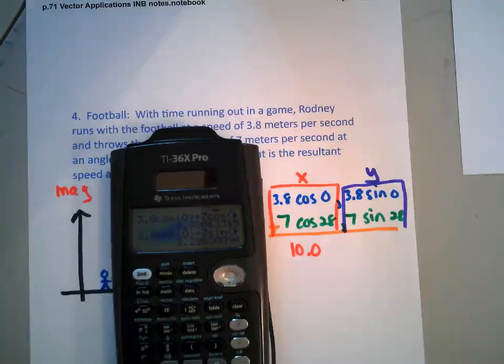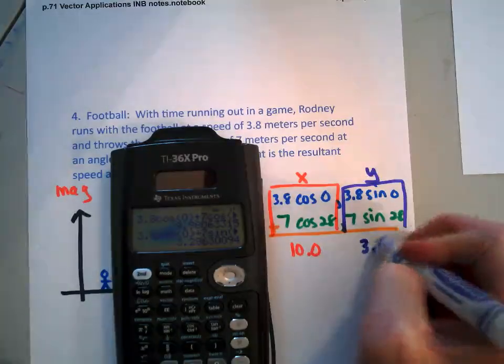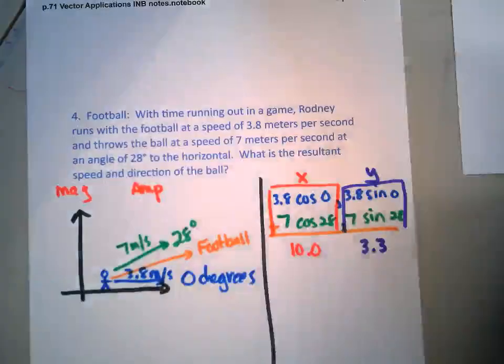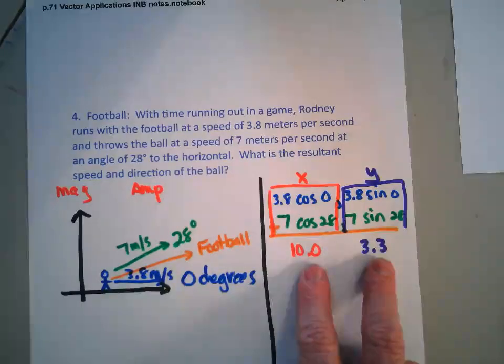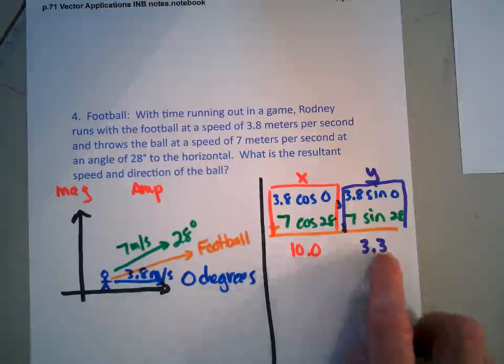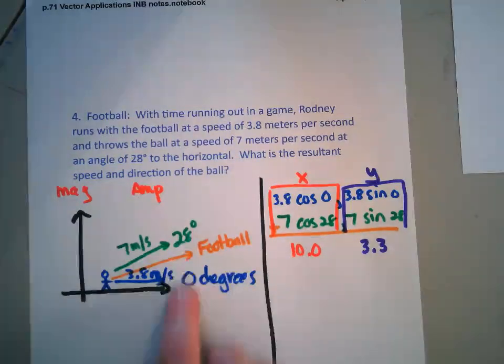So that is 3.28. We're just going to round everything to one decimal place. These are the components of the new vector. This is the horizontal component. This is the vertical component. So it's basically making its own triangle going 10 out and 3 up.